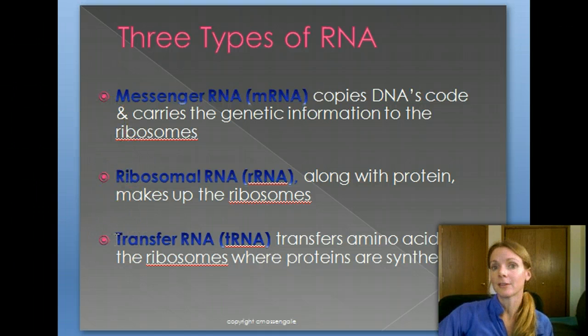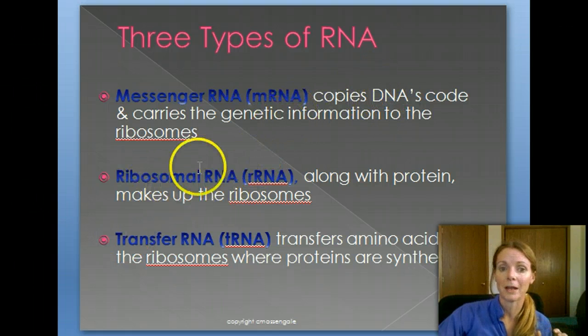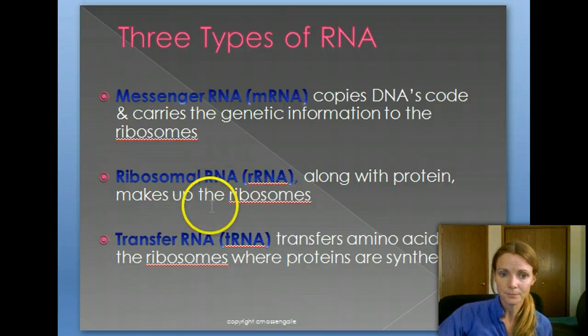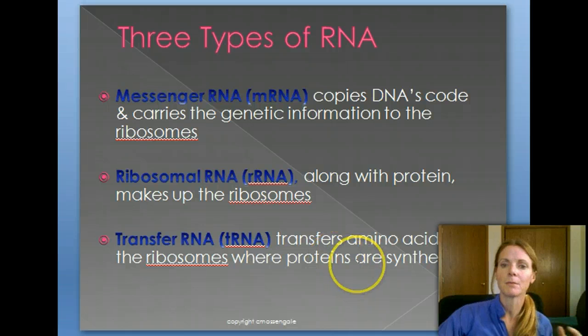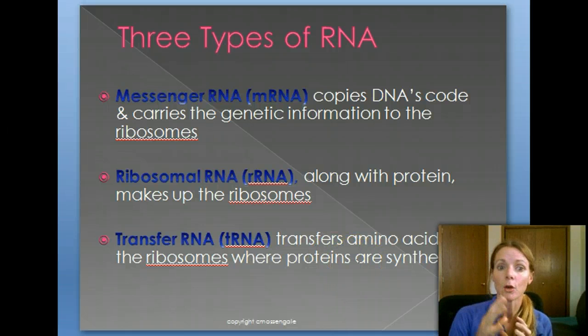And then the transfer RNA. Remember, you have the copied DNA's code. It's carried to the ribosome, which is made up of ribosomal RNA. But then the transfer RNA is going to transfer the amino acids, specified by that messenger RNA, to the ribosomes where the proteins are synthesized.